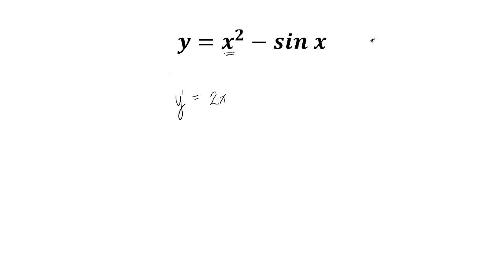And take note that the derivative of sine x is equal to cosine x, and that's the function of y, and that's y prime. Therefore, that's minus cosine x, and that's the derivative of y.